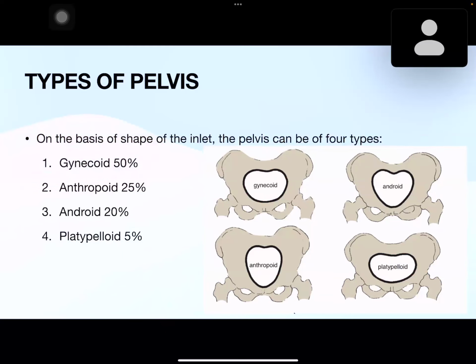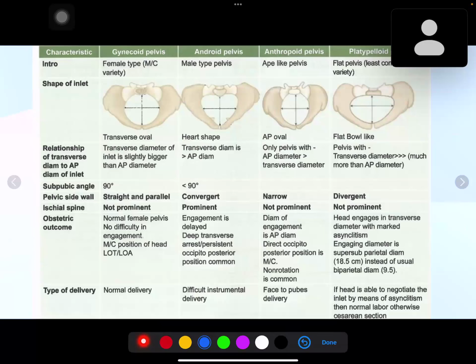Okay, so these are the few points in pelvis. You can see the differences of these pelvis. You just have to have an understanding of these pelvis, and there are just a few things that are important for exam purposes. Okay, so we discuss everything. This is a gynecoid, the female type pelvis. See, this is the oval, transverse diameter will be more.